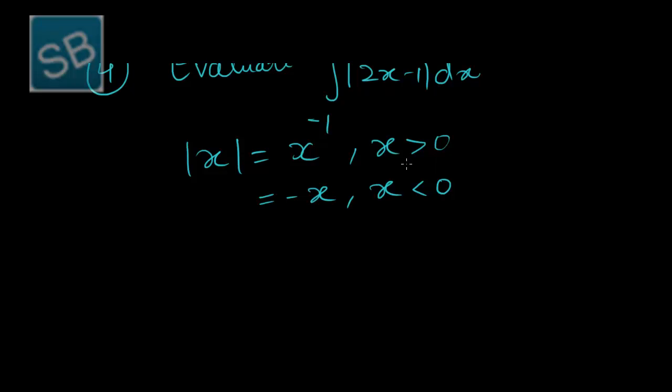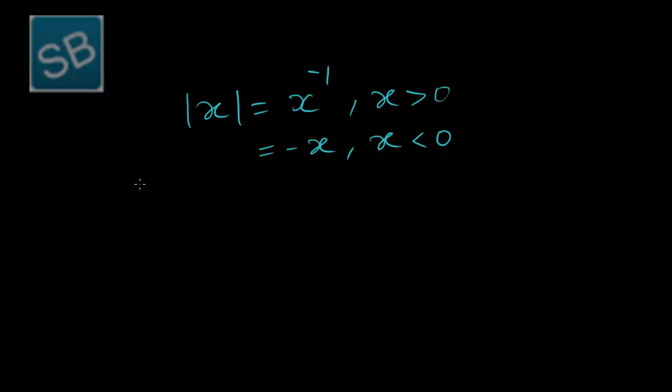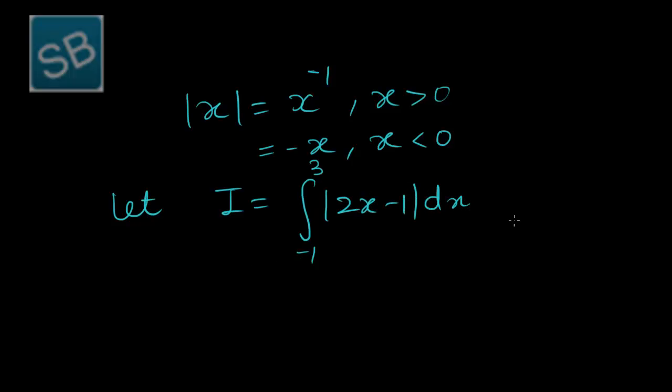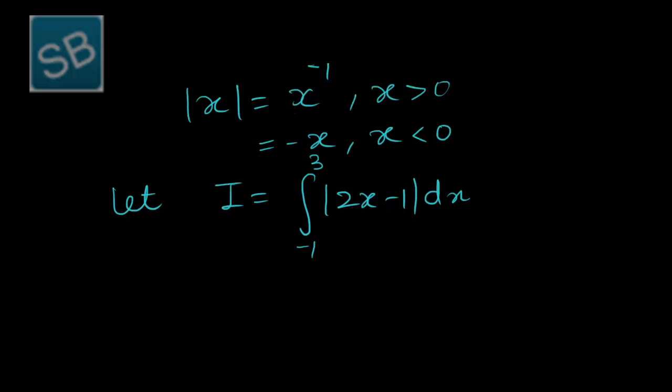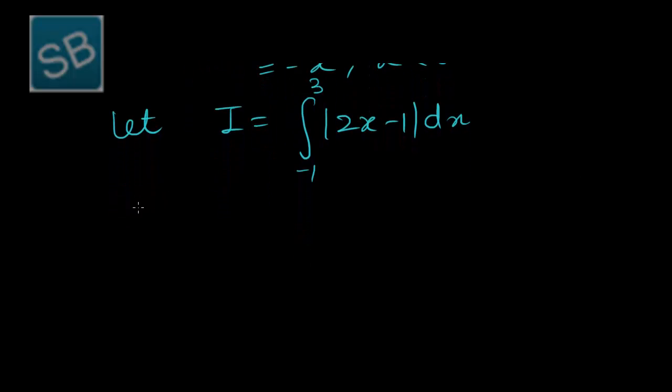So we will use this rule while solving this problem. So let I is equal to the integral from minus 1 to 3 of mod of 2x minus 1 dx. So first we will use the above rule.